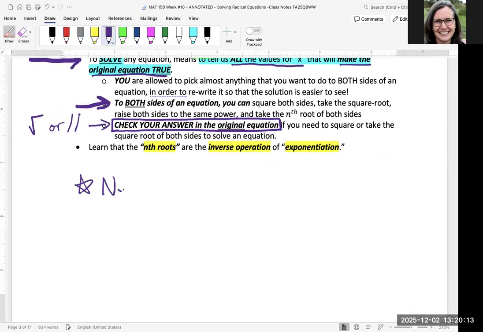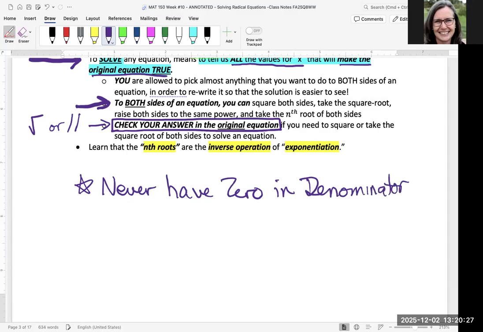two caveats, we can never have a 0 in the denominator. And you know the other thing we can never have in the real number system? We can never have a 0 in the denominator and never a negative number under a radical with even index.